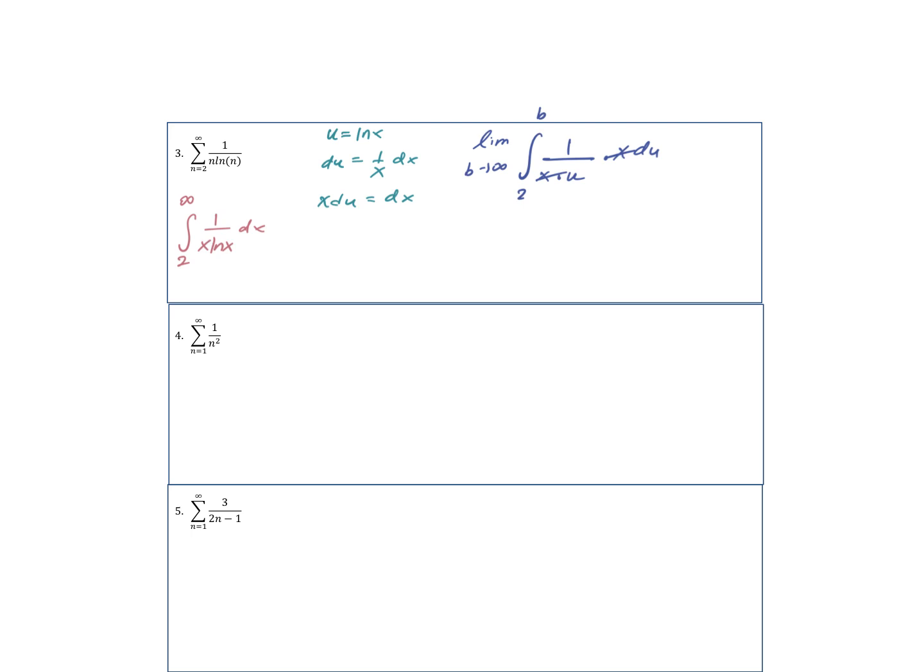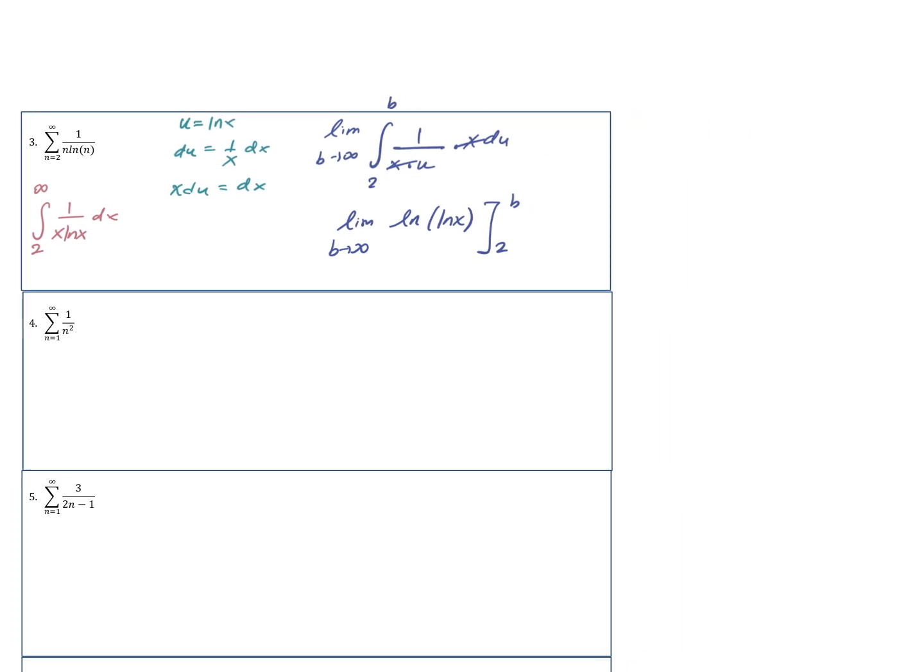So we integrate, we get ln of u, but ln of u is ln of ln of x. So we've got the limit as b goes to infinity, my bounds from 2 to b. If I plug in my bounds here, we're going to get ln of ln of b minus ln of ln of 2.